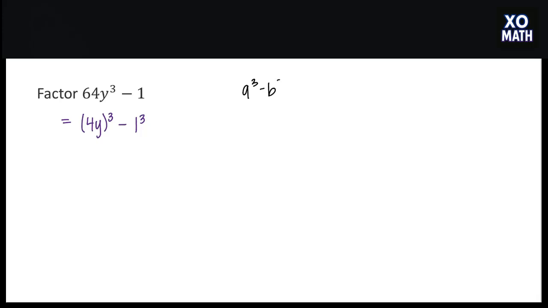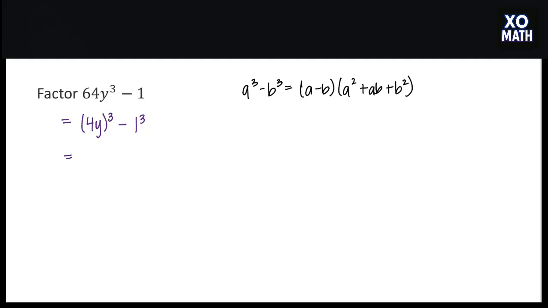A cubed minus b cubed is a minus b times a squared plus a times b plus b squared. So now 4y is in the place of a and 1 is in the place of b, so we'll go ahead and plug them into our formula.